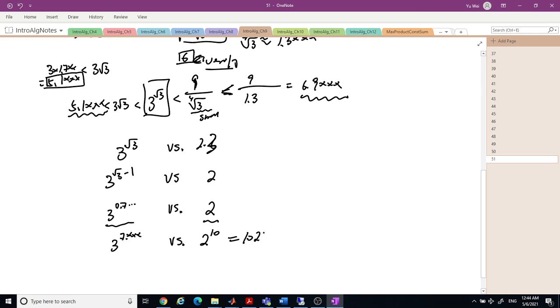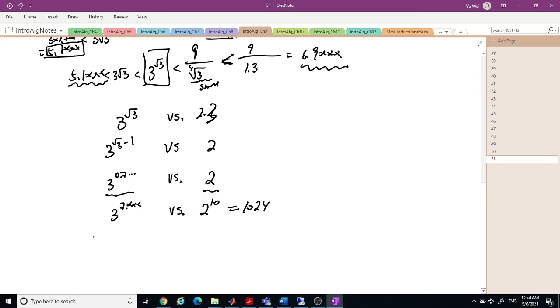This is 1024, right? Okay, so 3 to the 7 point something something is greater than 3 to the 7, which is equal to 729 times 3, of course greater than 1024.